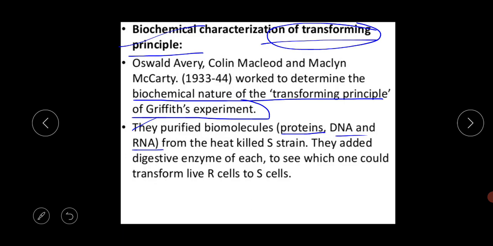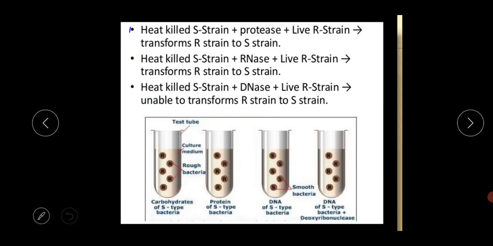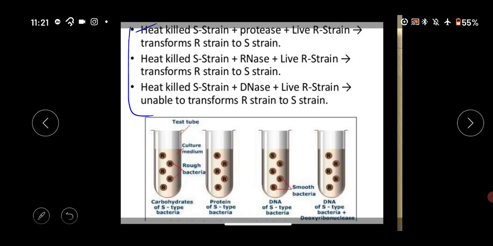After that, they added digestive enzymes for each, to see which one could transform the live R cells to S cells. Their finding was that DNA alone from the S bacteria caused the R bacteria to become transformed. There were 3 case studies.